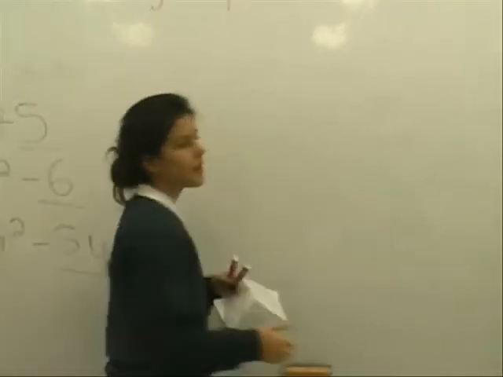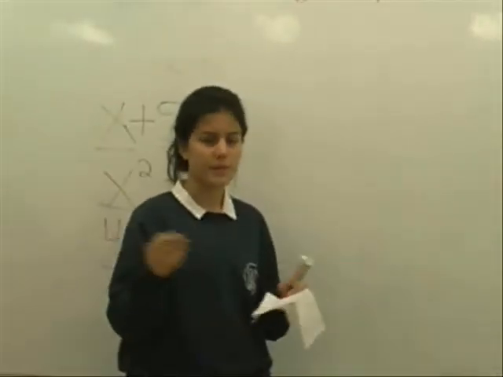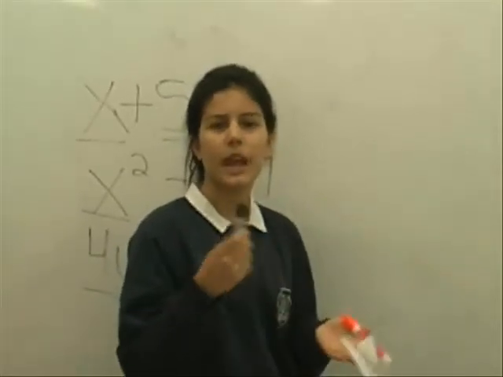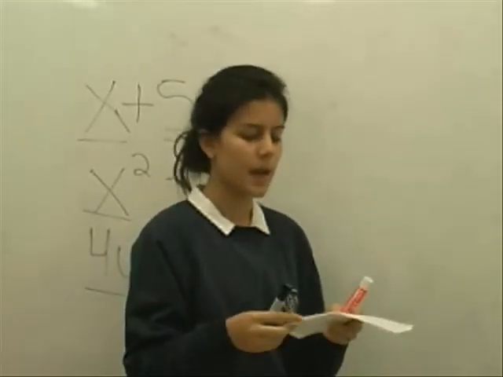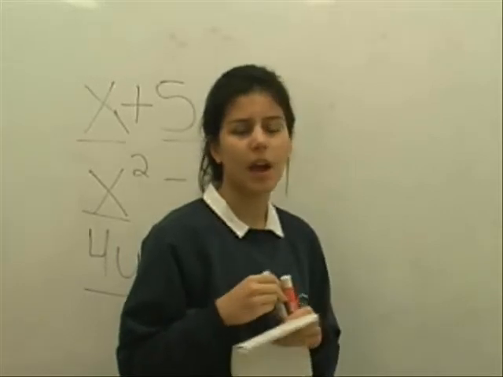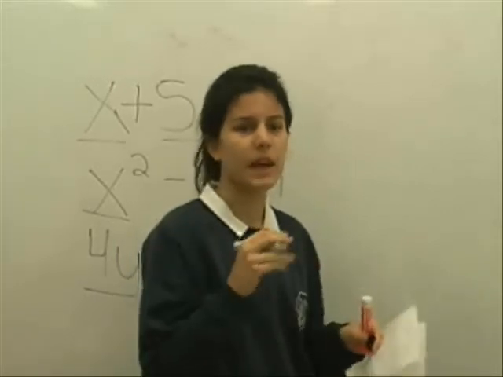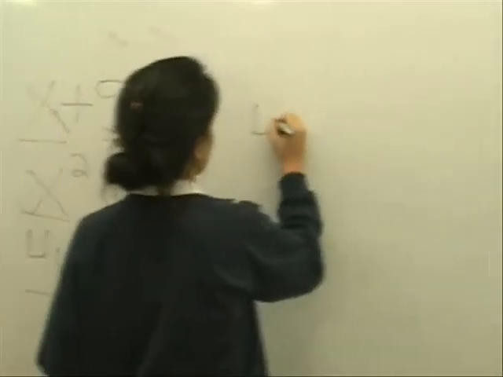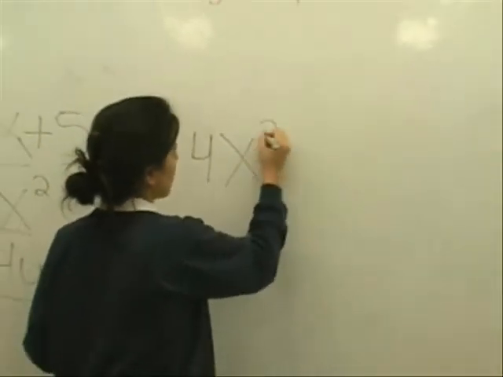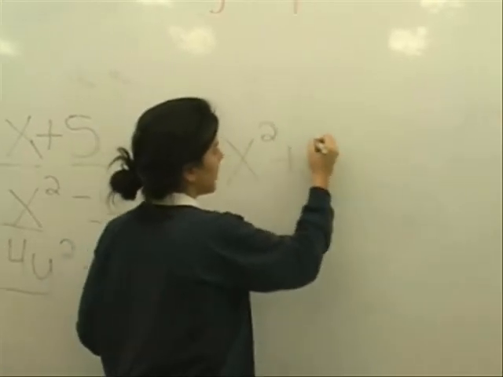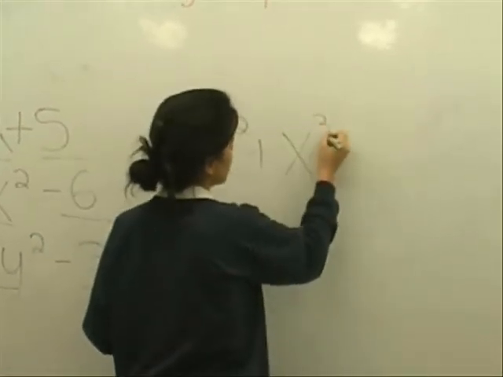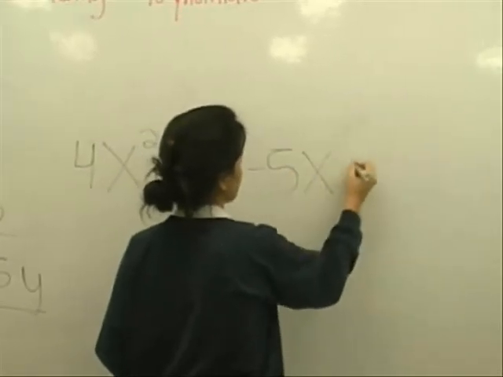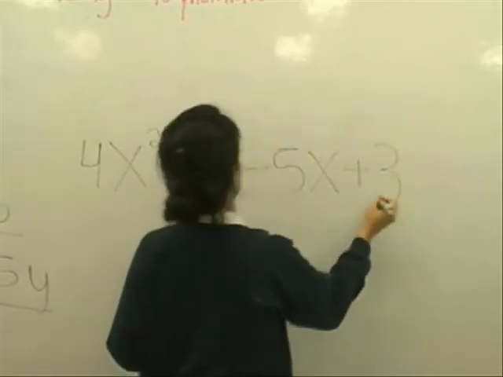And there is another type of polynomial that contains 4 or more terms, and there is not a specific name for each one of them, but they are called polynomials because they have 4 or more terms. For example, 4x squared plus x cubed minus 5x plus 3.